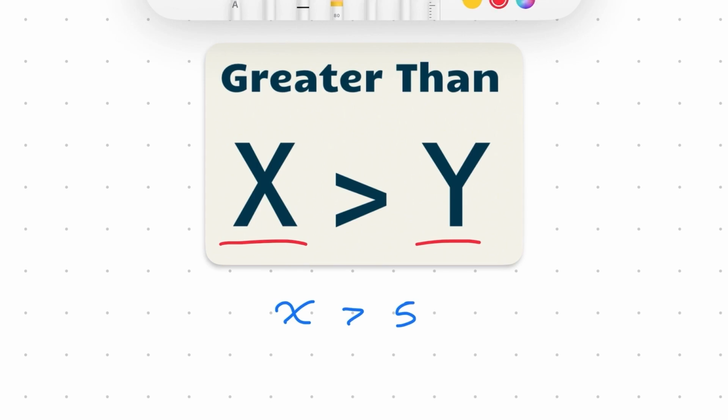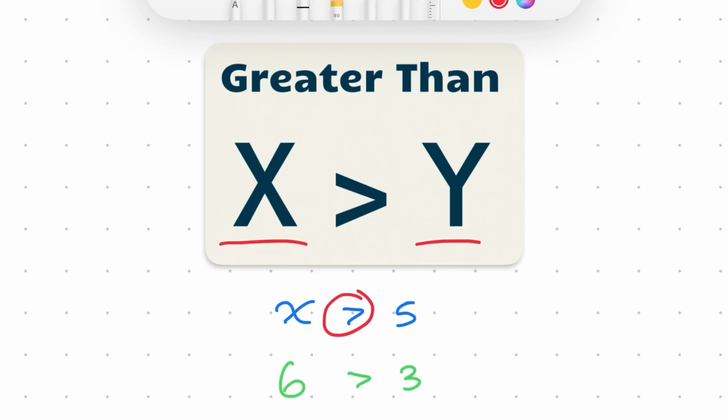An important thing to note about this inequality is that it does not include values equal to 5, so x cannot be 5. Another example would be 6 is greater than 3.